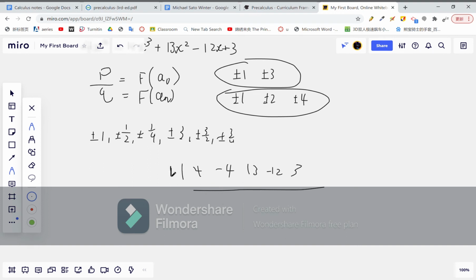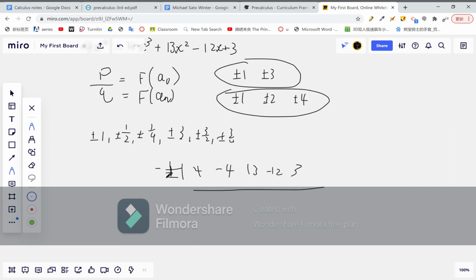Negative 3 is still not going to work. Try 1/2: we get 4, 2, 14, that doesn't work. Negative 1/2: 4, negative 6, 25, no, it's not going to work.